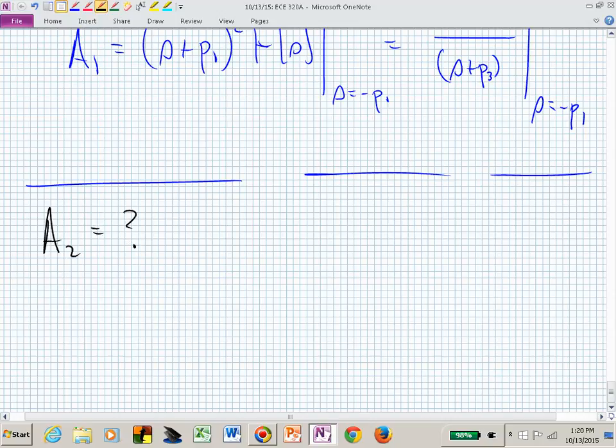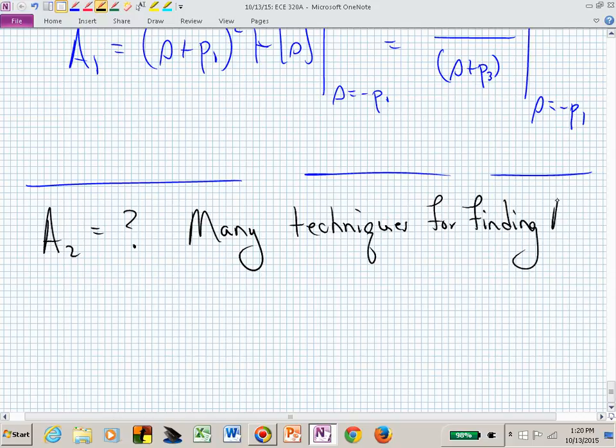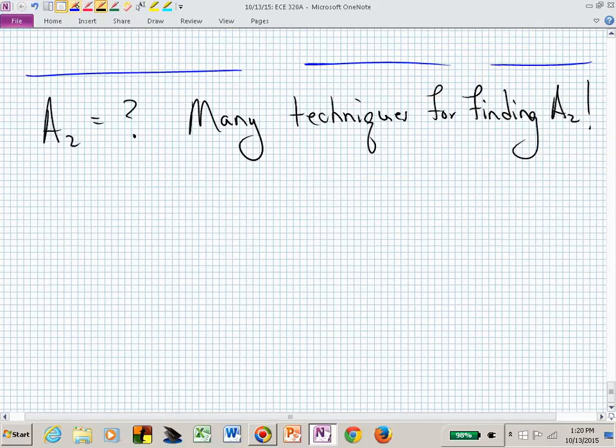A sub 2 we don't know, but there are many techniques for finding A sub 2. And now what I'm going to do is assume that everything else has been determined in this example.